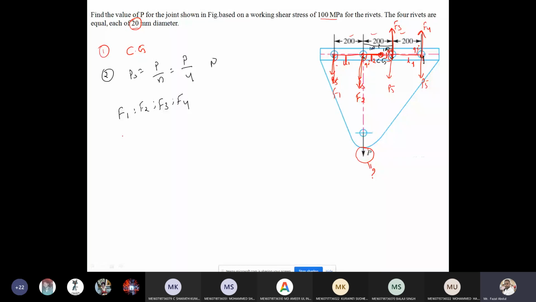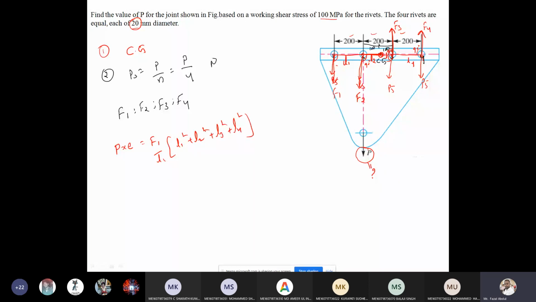To calculate F1, F2, F3, F4, this entire system is subjected to secondary shear force due to the eccentric loading. P into E is equal to F1 by L1 into (L1 square plus L2 square plus L3 square plus L4 square).